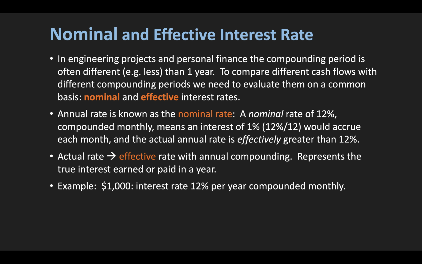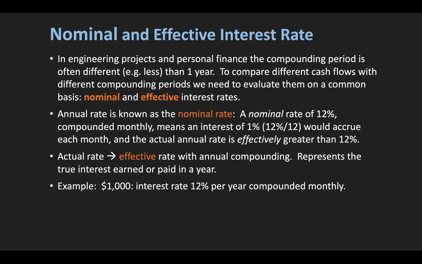I didn't put it here, but I hope you calculate the result and find that the total amount of money you owe the bank is definitely bigger than $1,120. It's actually going to be $1,126.8 or $27. Where does the extra $7 come from?